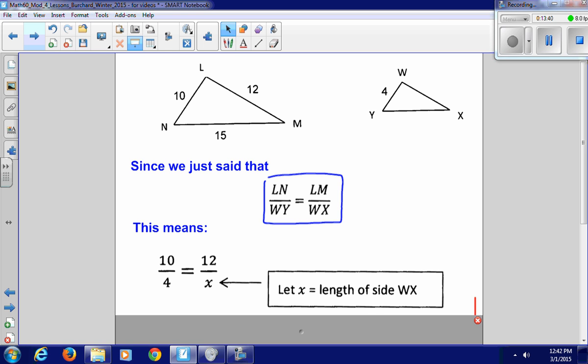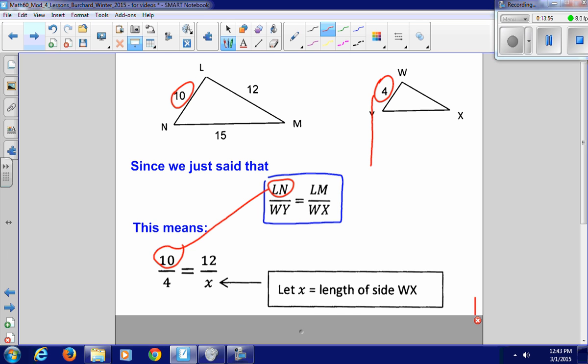So LN is 10, and so this became that. And then WY was 4, so that went down here. Then LM is 12, so that goes here.